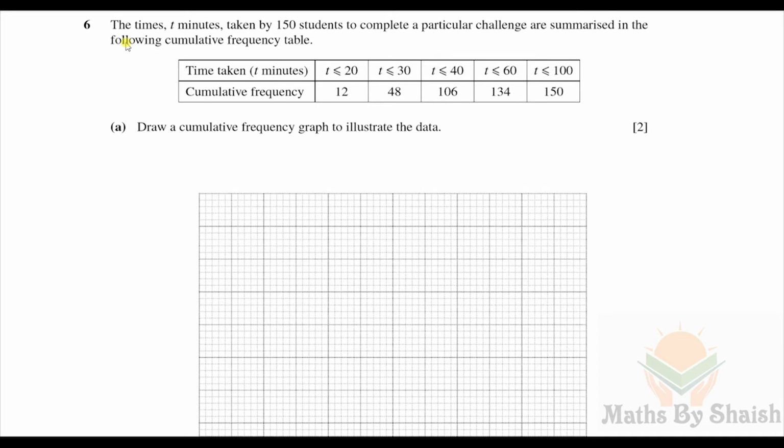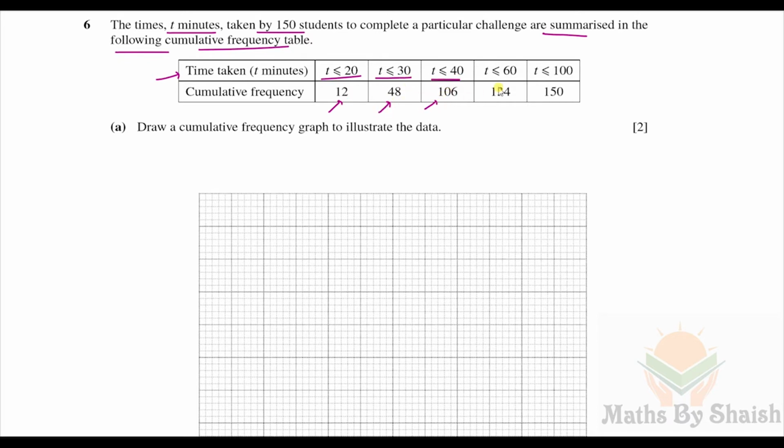Now here's question number 6. The times t minutes taken by 150 students to complete a particular challenge are summarized in the following cumulative frequency table. Time taken t: if it is less than or equal to 20, there are 12 students. Less than or equal to 30, there are 48.